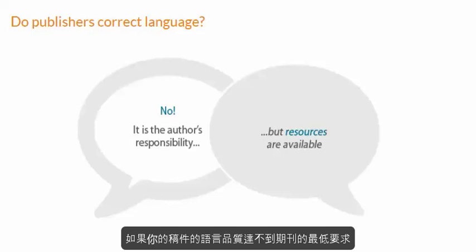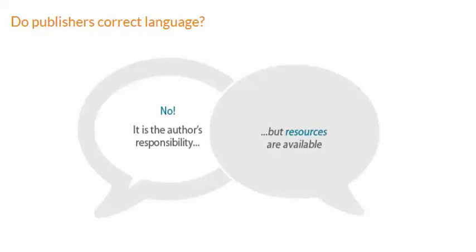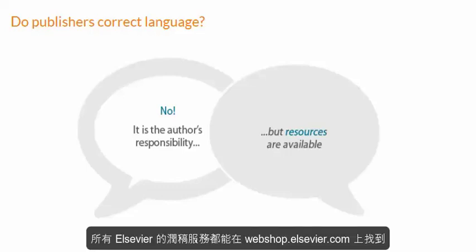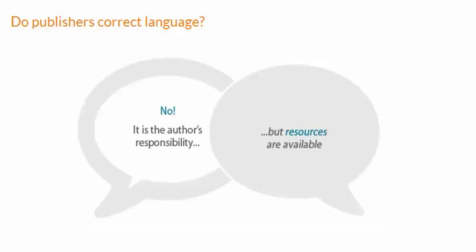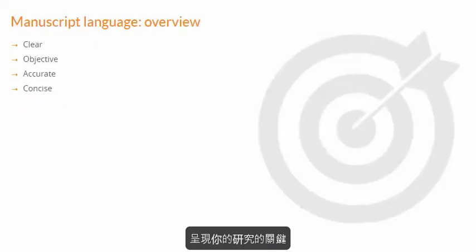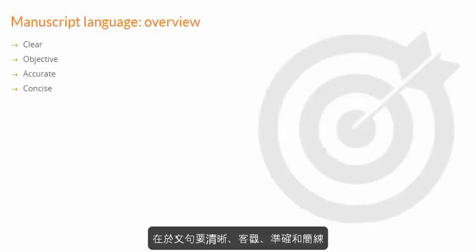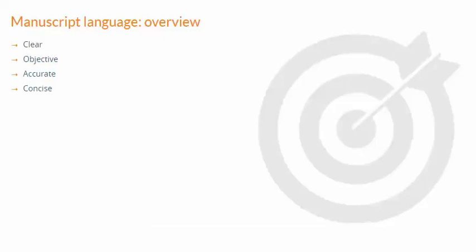And if your paper's language quality doesn't meet a journal's minimum standards, it could be returned to you for improvement. All of Elsevier's manuscript improvement services are available on webshop.elsevier.com. The key to presenting your work well is to write clearly, objectively, accurately, and concisely.